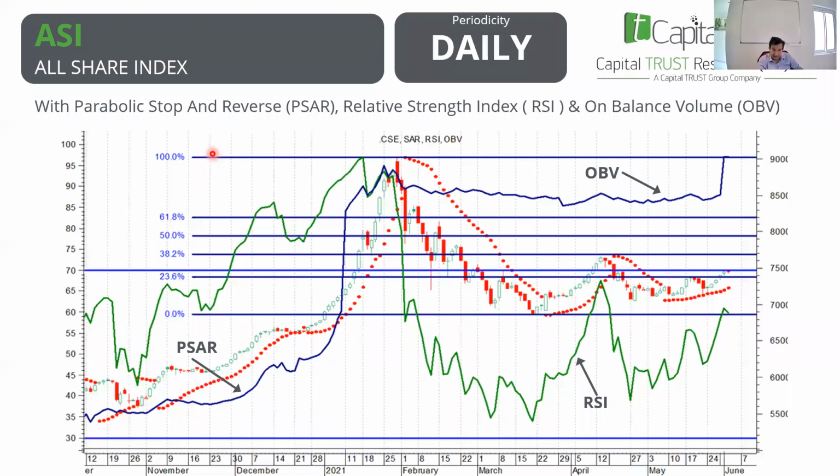We start this number by the highest point reached here in the recent past. That was not very far distant past. ASI reached somewhere there, and then it came down quite a bit, down to a bottom here, right?